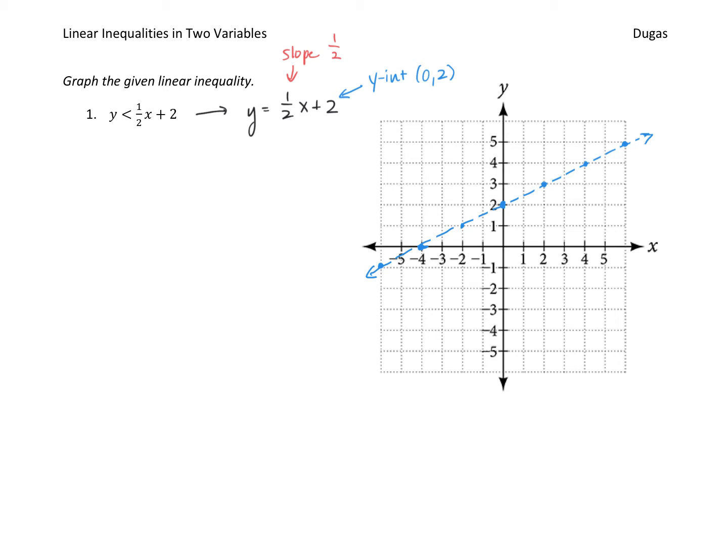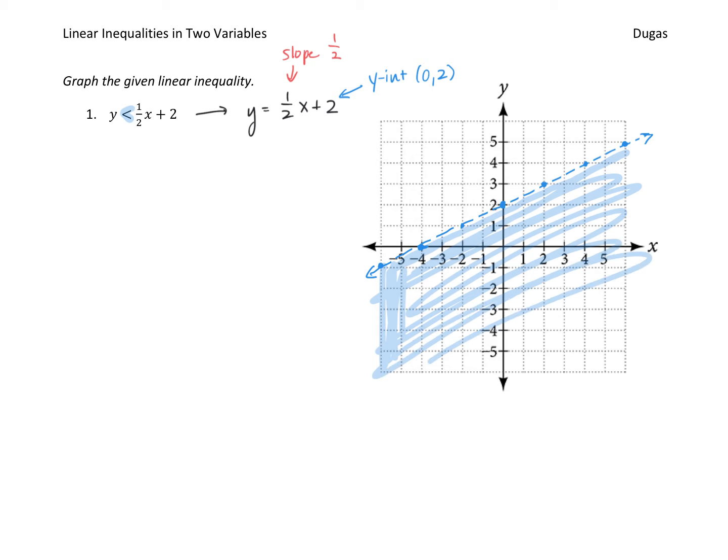That means the points on the boundary line are not included in my solution set. Since it's a less than, y is less than that line. Everything below that line will be a solution. So I'm going to shade below because that's a less than symbol.